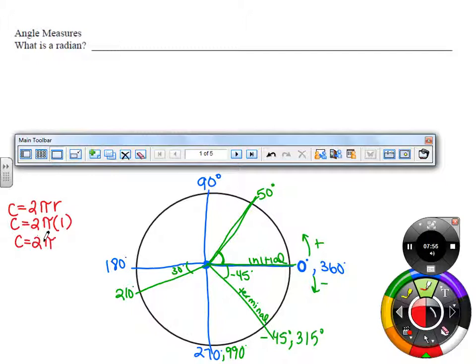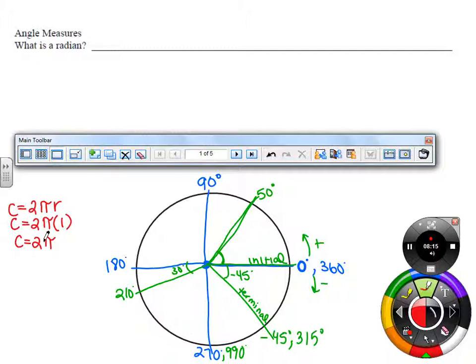Okay. 2 pi times 1, which is just 2 pi. What does circumference measure? Not diameter. Around the circle. Just like the length of this, right? To get around it.